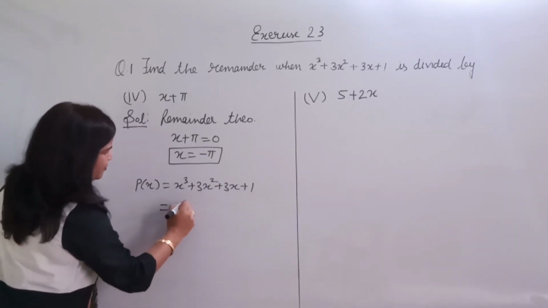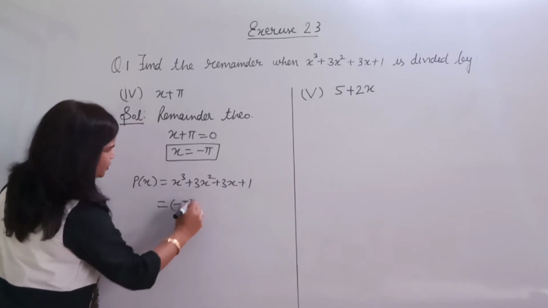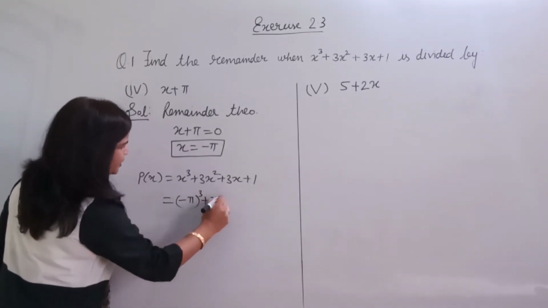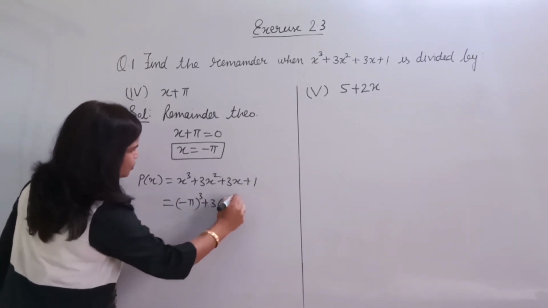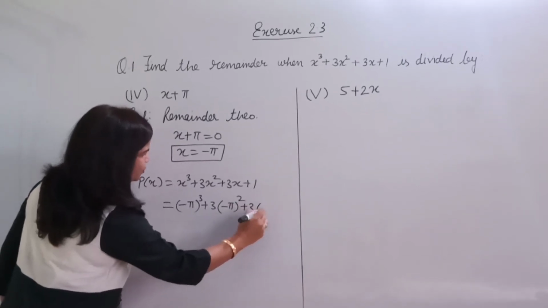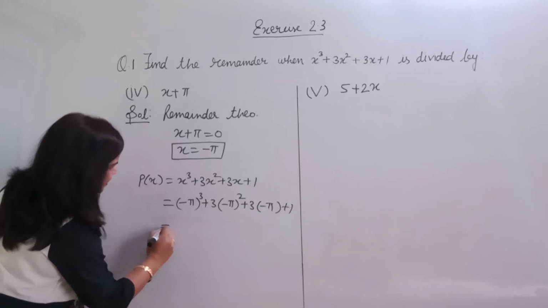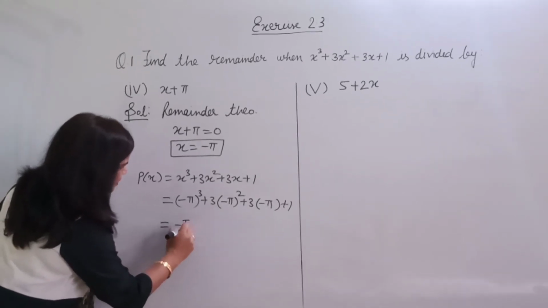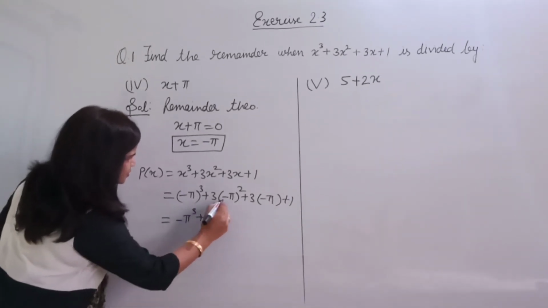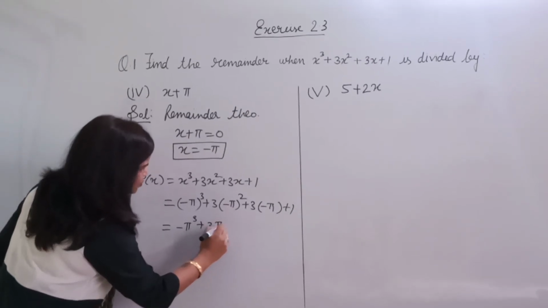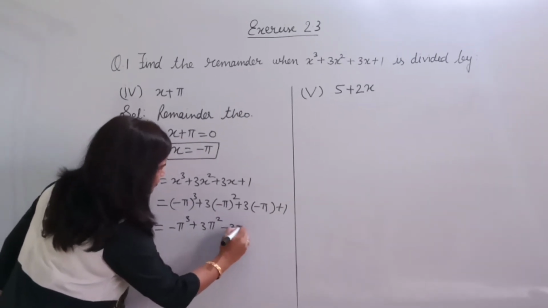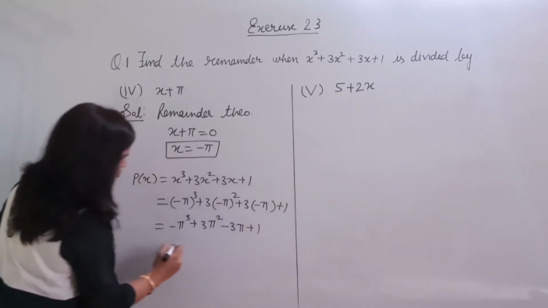So here, minus pi whole cube plus 3 into minus pi whole square plus 3 into minus pi plus 1. Now we will solve it. Then minus pi whole cube plus 3 pi square minus 3 pi plus 1.